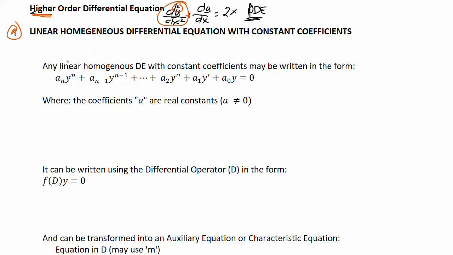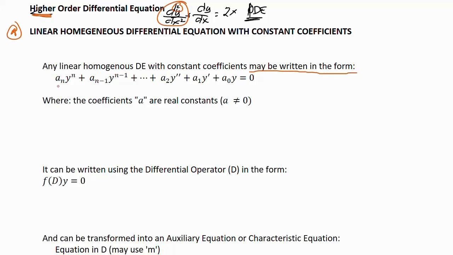So how can we say if our higher order equation is a linear homogeneous differential equation with constant coefficients? Any linear homogeneous differential equation with constant coefficients may be written in a form like this.